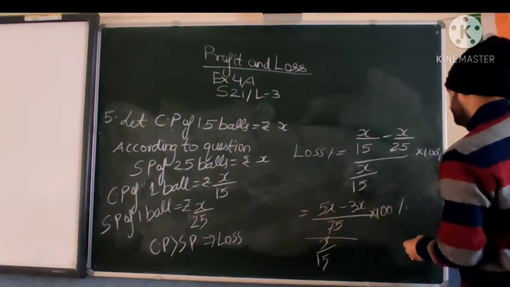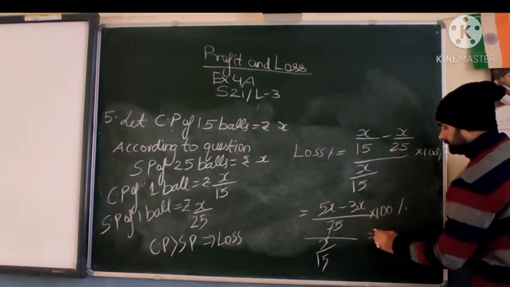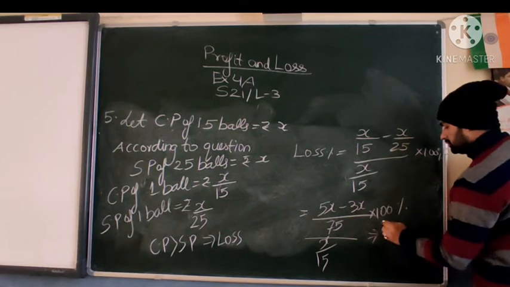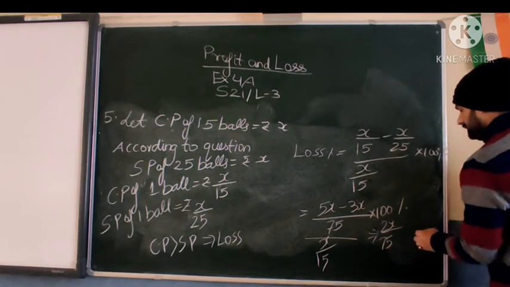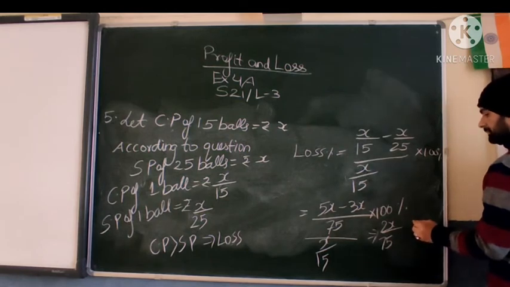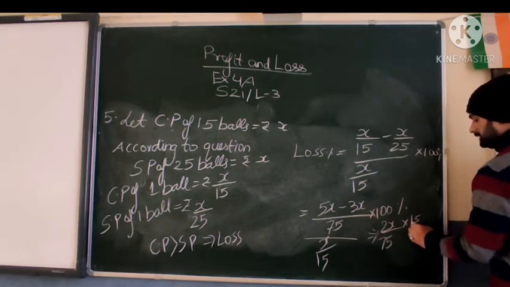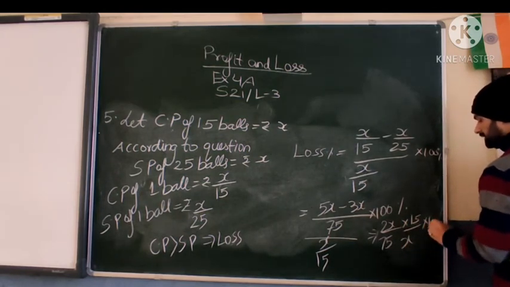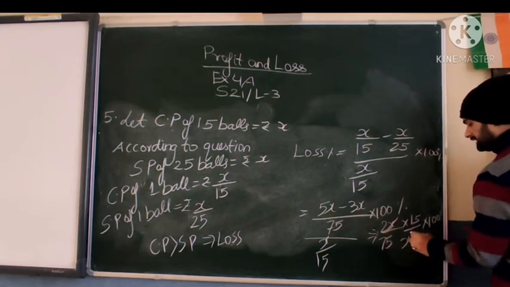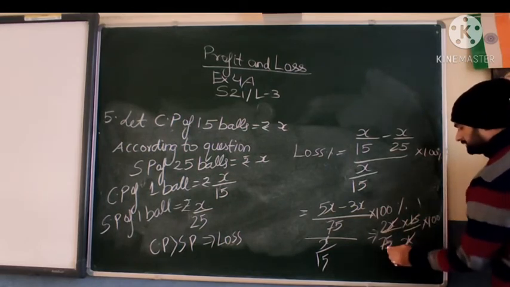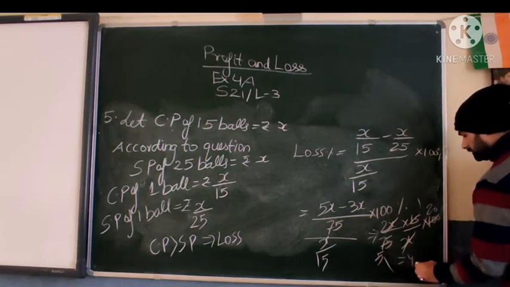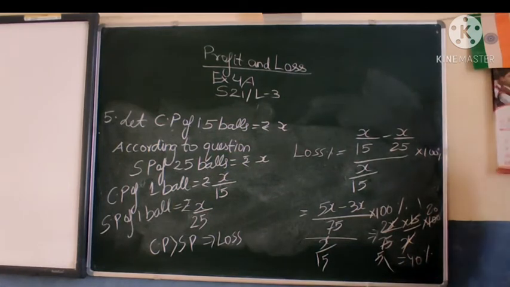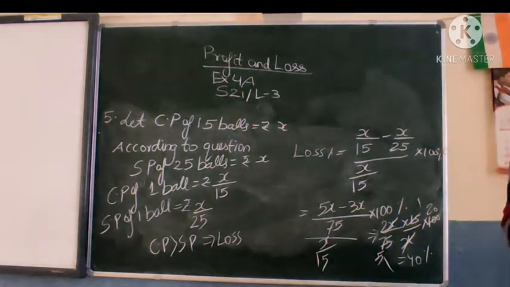After this, we get 2x by 75 divided by x by 15, which is multiplied by 15 by x into 100. X cancels. 15 into 75, so how much? 40%. Okay, let's check what the answer is.